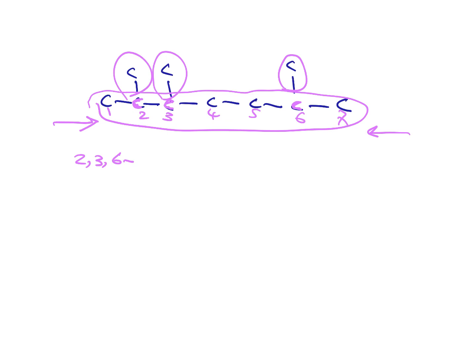Okay, and you have methyl groups, but how many do you have? We have 3, right? We have 3 methyl groups. So first we write the numbers of the carbons that the substituents are attached to, and then we have 3 methyls, and the way to write 3 is tri.